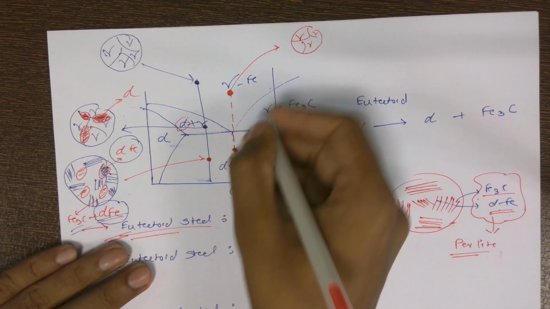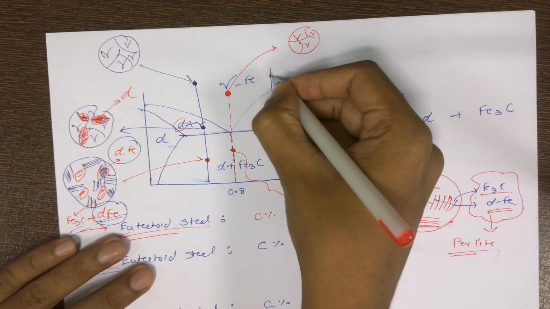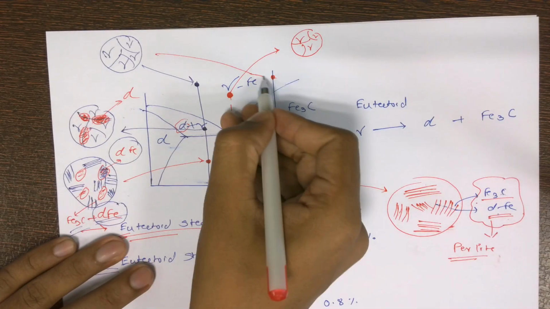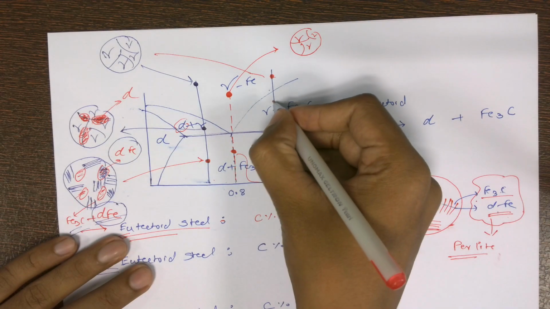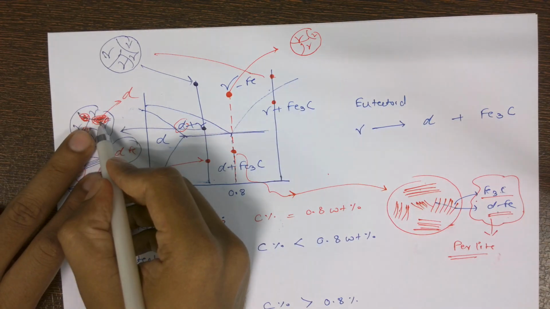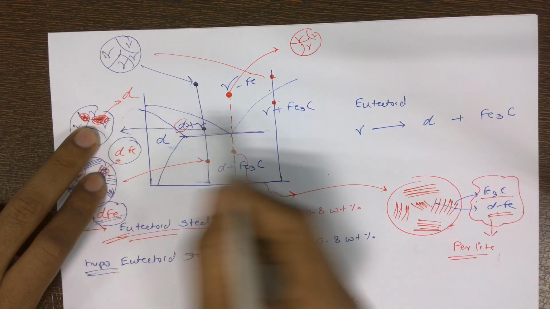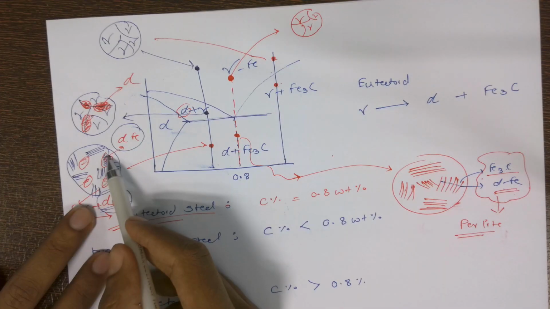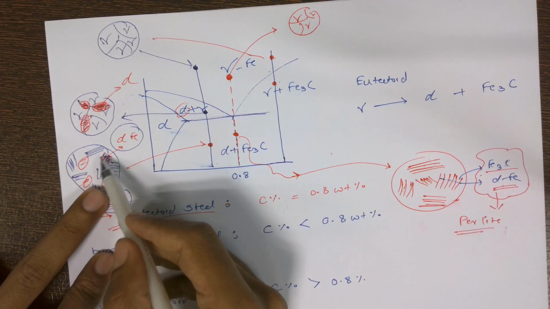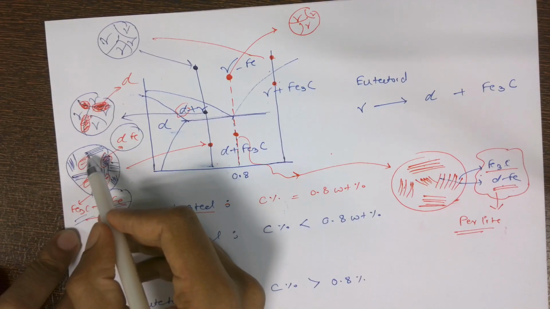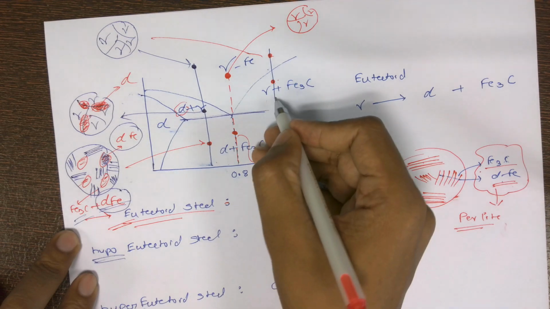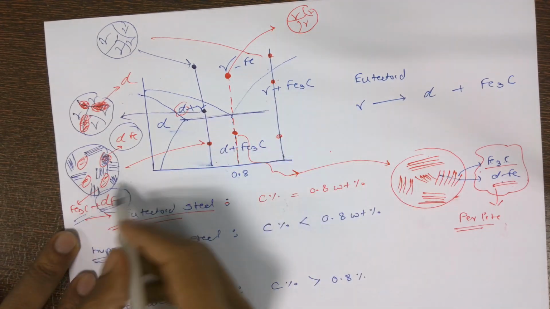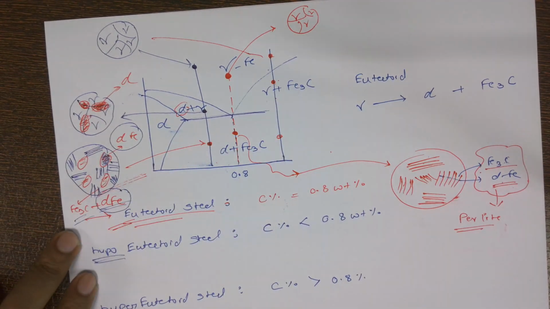Now let's talk about the last part, that is hypereutectoid. Here the structure will remain as it is initially. Now here, instead of forming the ferrite, what will form at the grain boundary is the cementite. Okay, so in this structure the cementite will be there, the proeutectoid cementite, and once we come down to this particular temperature, this type of structure will form.